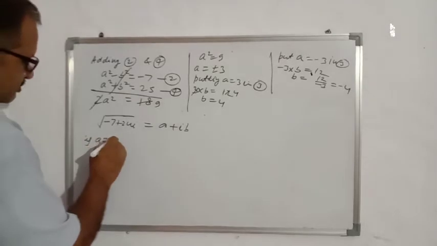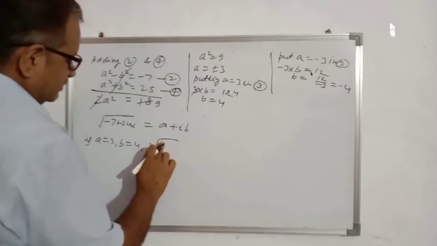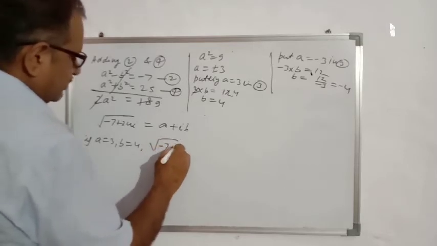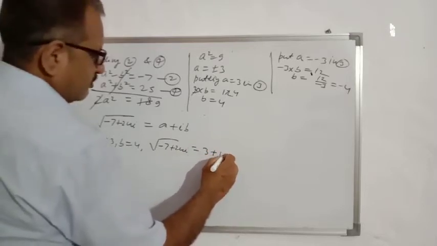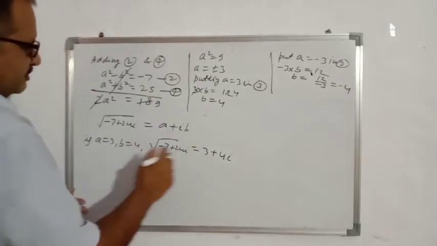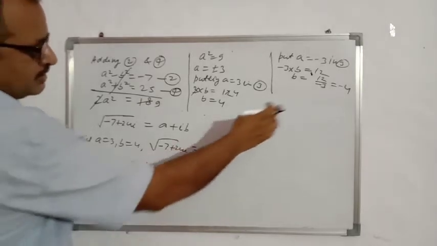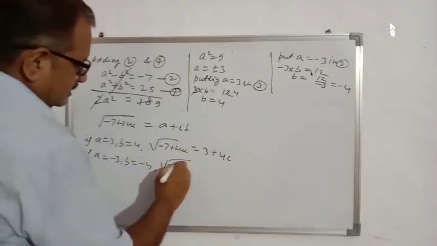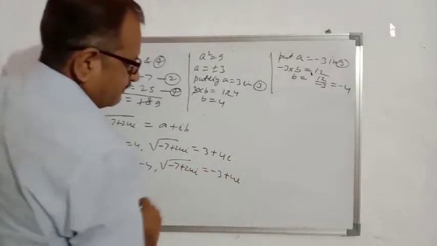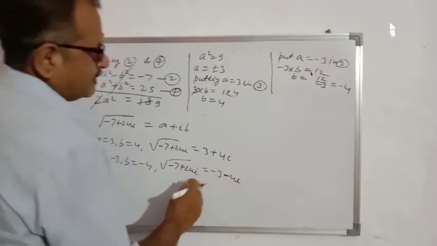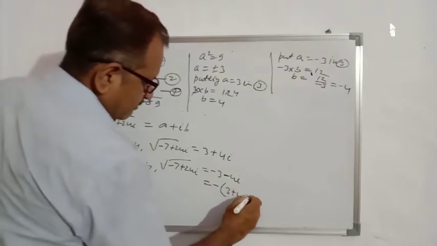So if a is equal to 3, b is equal to 4, then the square root of minus 7 plus 24i will be 3 plus 4i. And if a is minus 3, b is minus 4, in that case, it is minus 3 minus 4i. If we take the minus sign common, we will get minus (3 plus 4i).